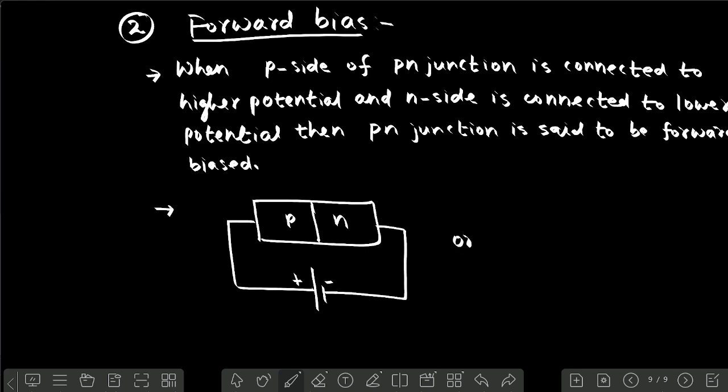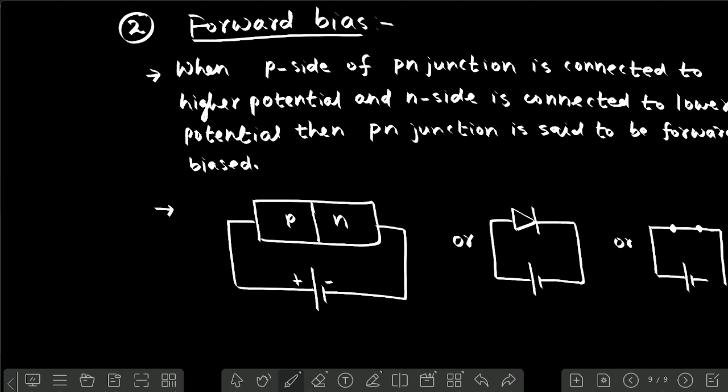This can also be written like this. All of you listen carefully. In the equivalent circuit, the diode is working, so current is flowing here.